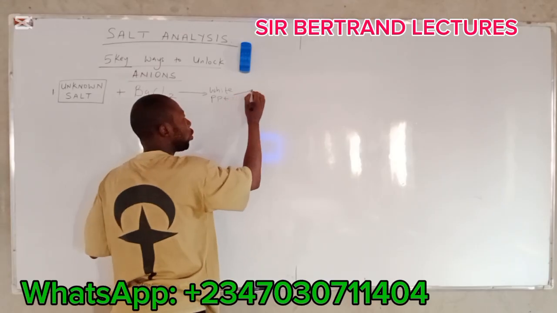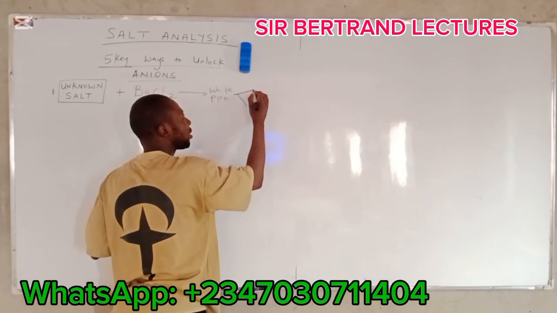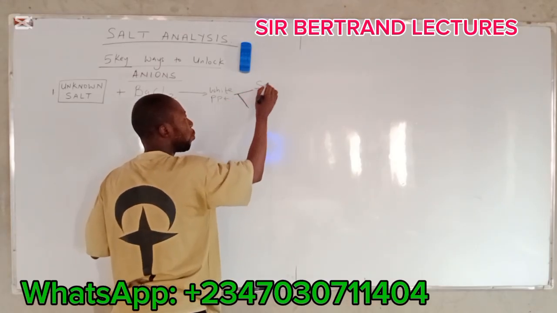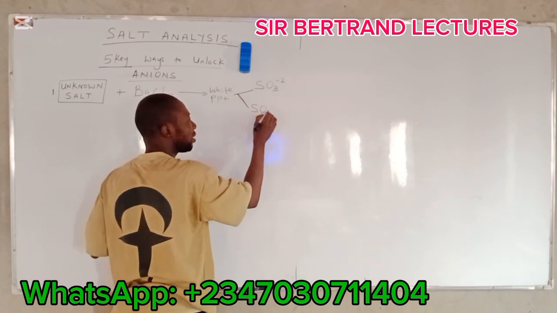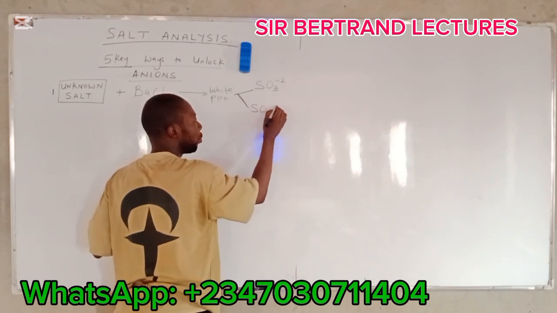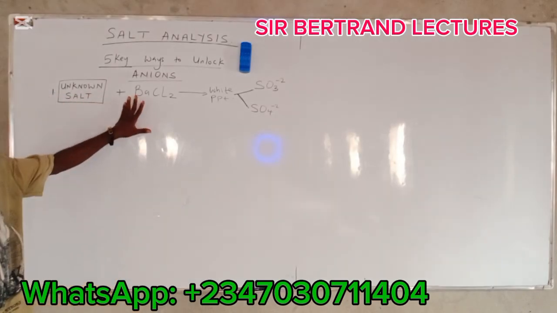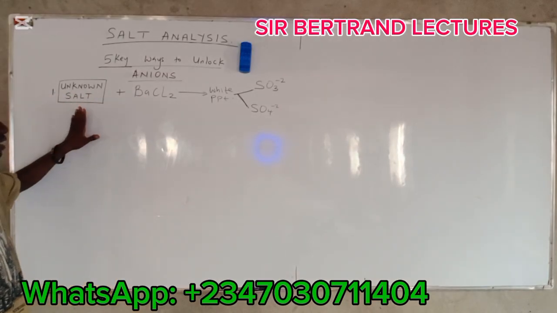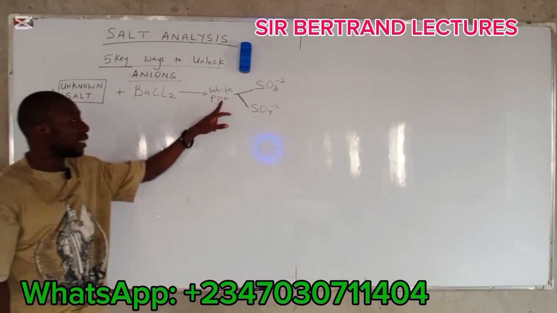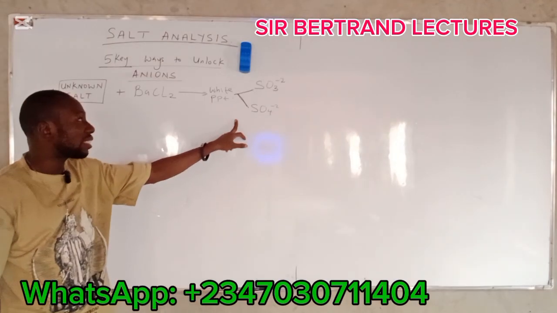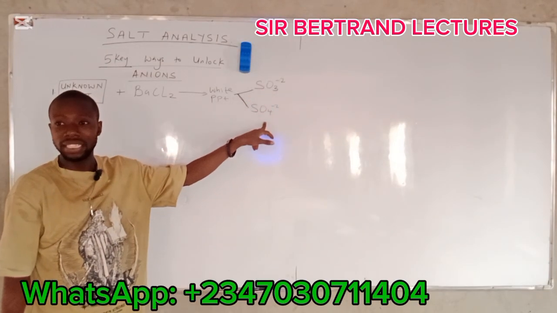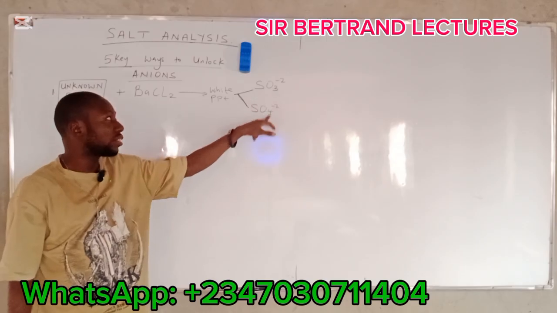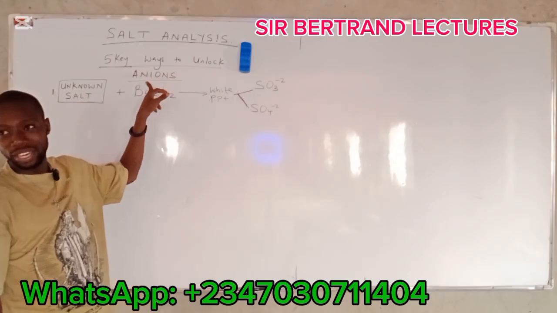After you have added barium chloride, if the salt gives you white precipitate, it shows that we have any of these ions present. Remember, they are negative ions. That is why we call them anions.